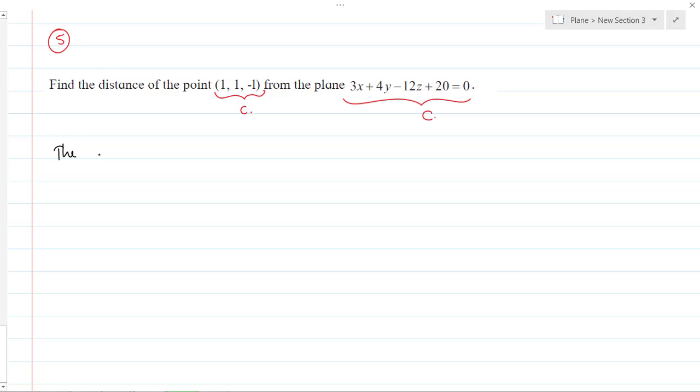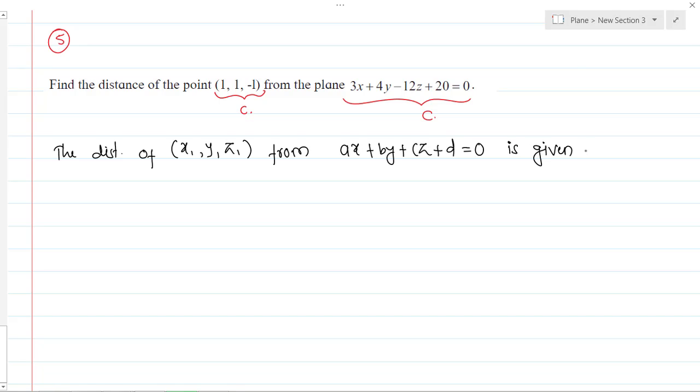The distance of the point x1, y1, z1 from the plane ax plus by plus cz plus d equals 0 is given by: just replace these values x, y, z by the known values x1, y1 and z1.